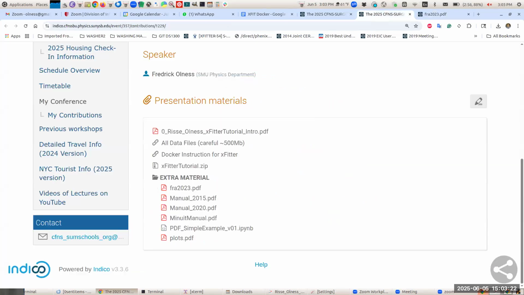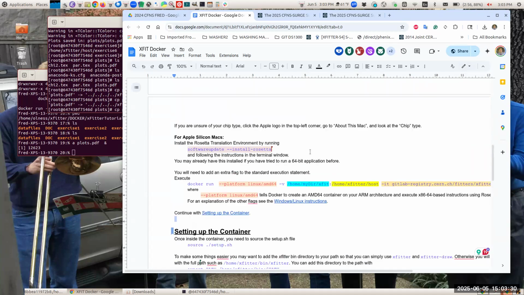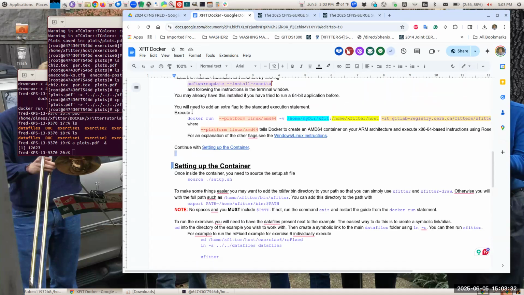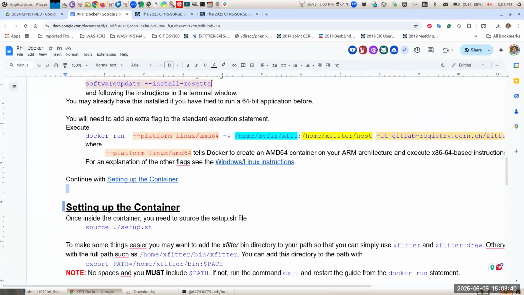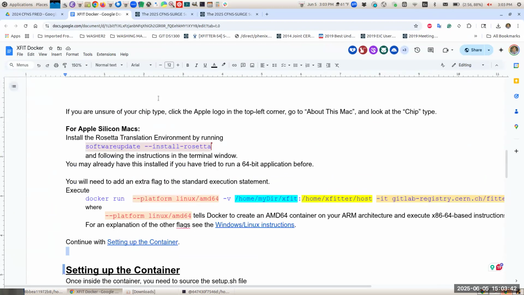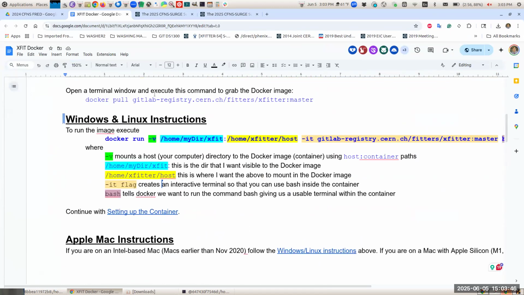To get you started with the Docker, you should be able to pull down the Docker and fire it up. It's optional, but if you want to connect to a local directory, you can set that up here.